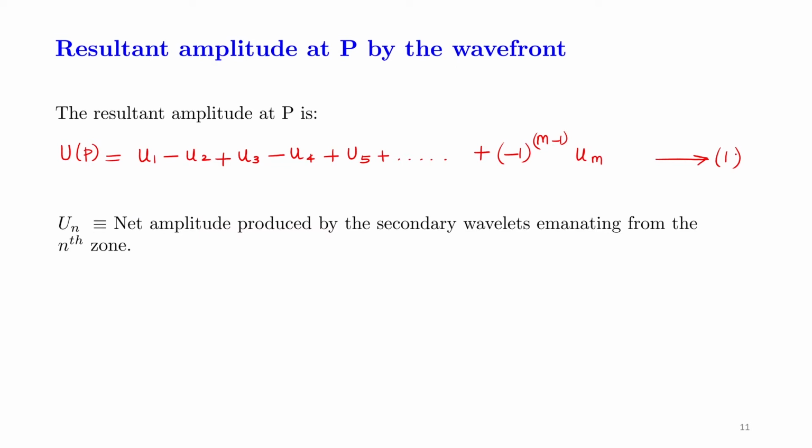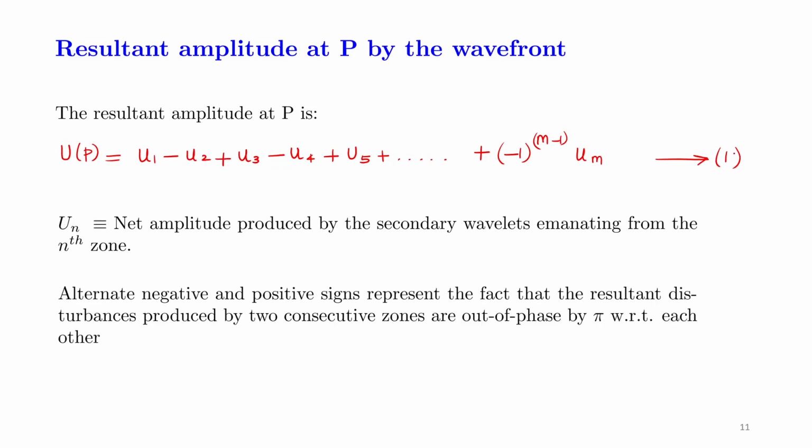Here Un is the net amplitude produced by the secondary wavelets emanating from the nth zone. And in this expression, we have taken negative signs for the alternate terms. The alternate negative and positive signs represent the fact that the resultant disturbances produced by two consecutive zones are out of phase by pi with respect to each other.